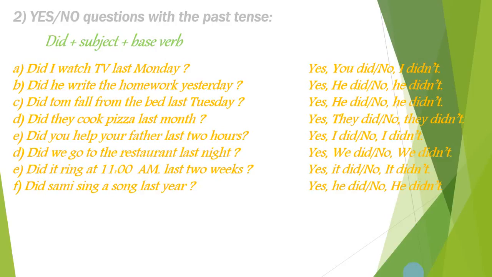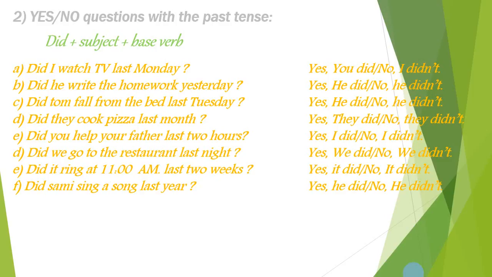Did it ring at 11 a.m. last 2 weeks? Yes, it did. No, it didn't. Okay, if anybody asks you, did Sammy sing a song last year? We should say to him, yes, he did, or if it is not, we will say to him, no, he didn't.